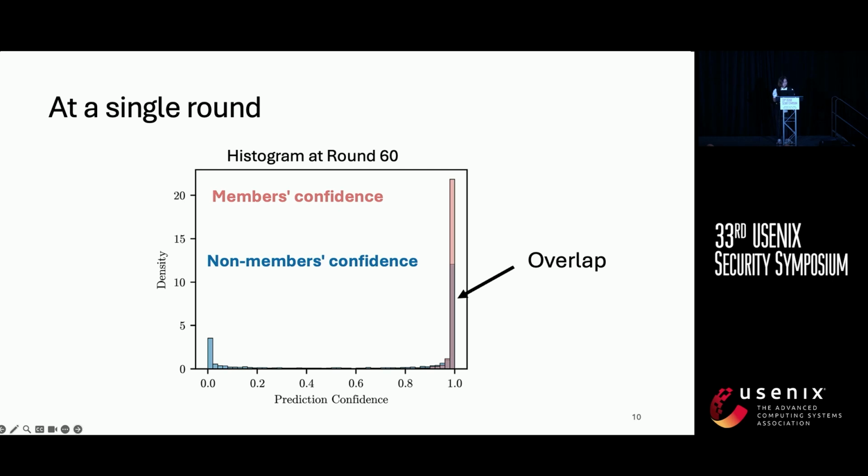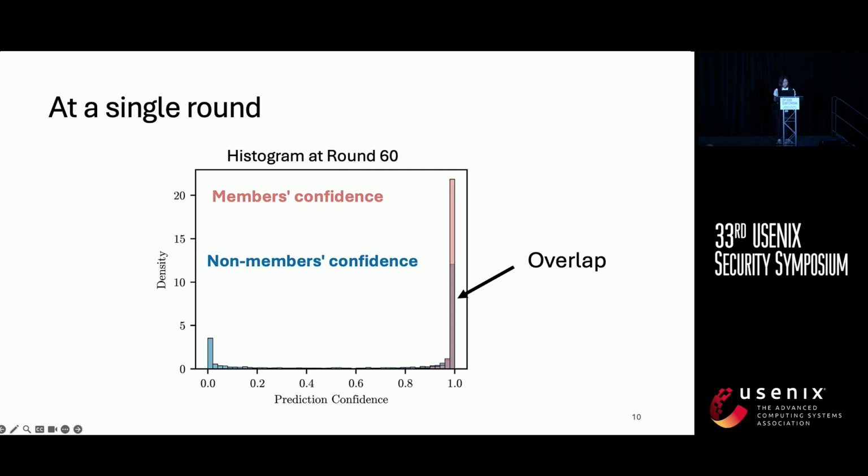Our solution is motivated by how the performance of the model changes over different rounds. First, when we examine the model performance in any specific round, we can see that the results for members and non-members overlap with each other, and it's very hard to distinguish them based on the signal.